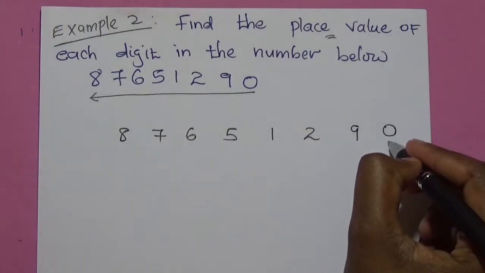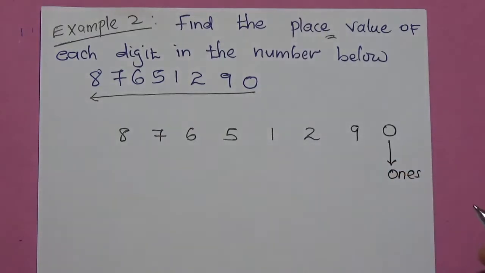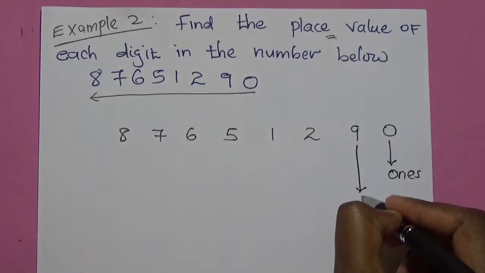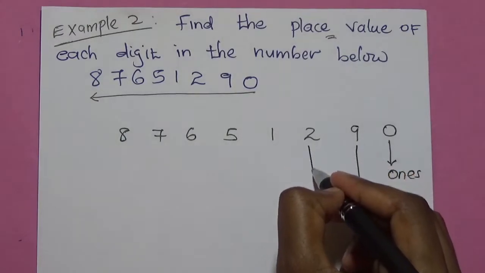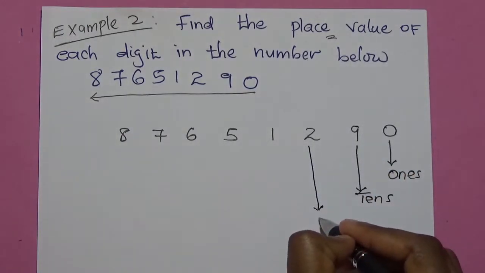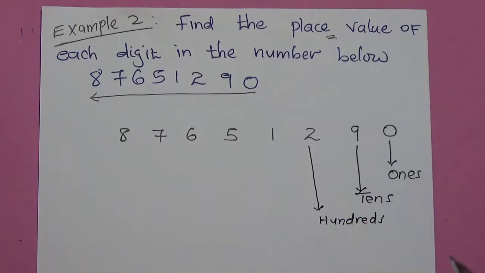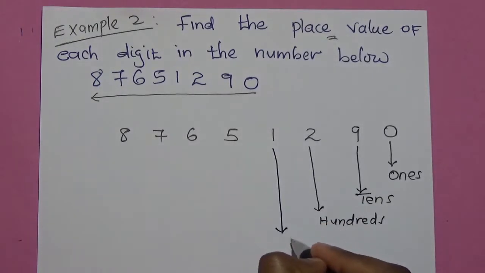The place value of 0 will be ones. Then the place value of 9 will be tens. The place value of 2 will be hundreds. The place value of 1 will be thousands.